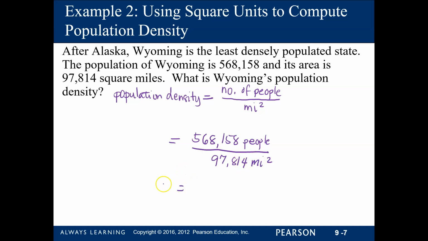So if you compute this, the population density is around 5.8 persons living for every square mile. So it's like one family of 6 in a 1 mile square area. So that's a very big land to be occupied by only around 6 people.